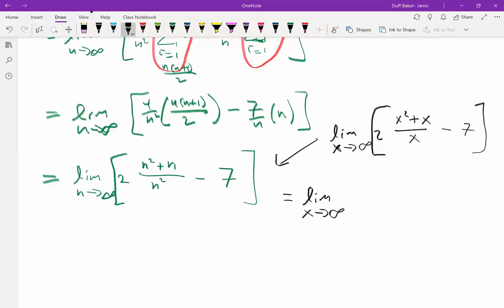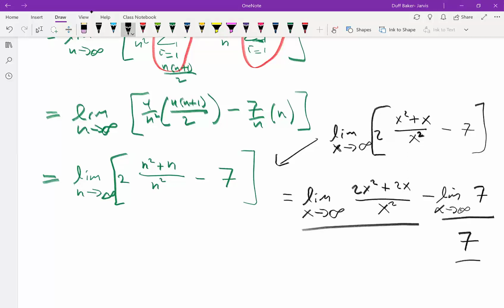Because really what we're doing is we're splitting this up into two limits. Sorry, I copied it wrong. That might have been a little confusing. This should have been squared, right? So the limit as x goes to infinity of the constant is just the constant, so this part is just 7. But here, remember, one way to quickly do limits at infinity is to look at the largest power on the top and bottom.